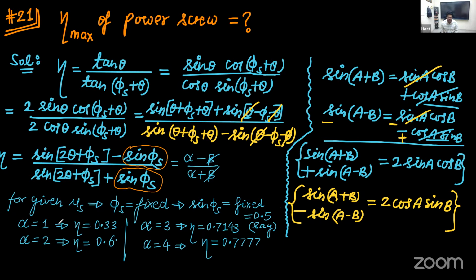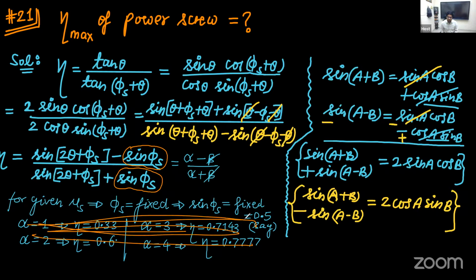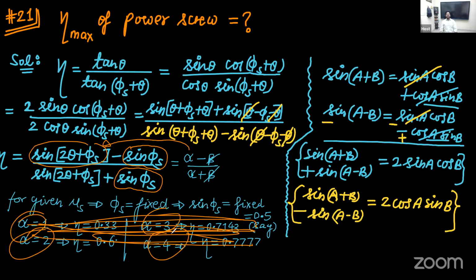By the way, this was just a demonstration, okay? Don't say, sir, alpha is a sine function, how did you take it greater than 1? It was just to demonstrate that the given function is monotonically increasing with alpha.